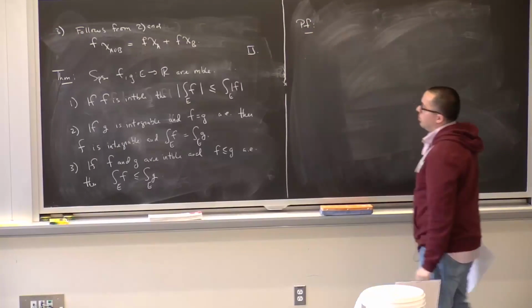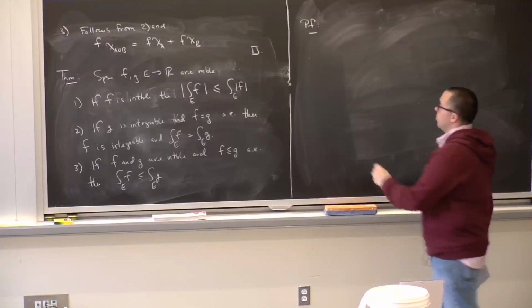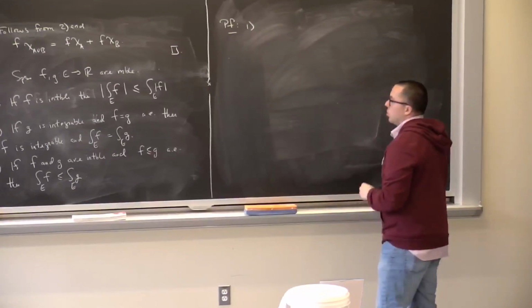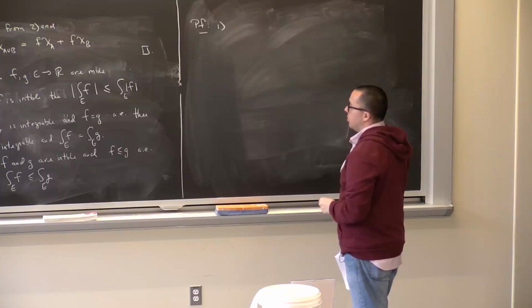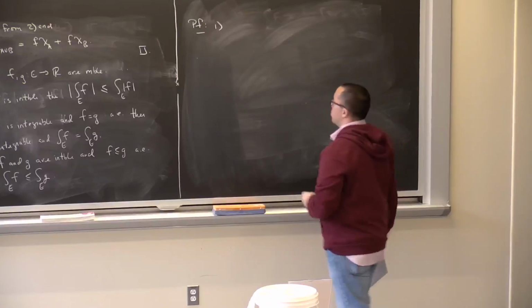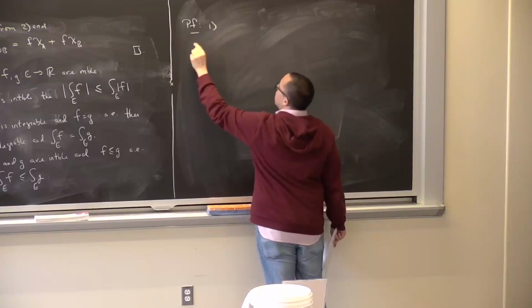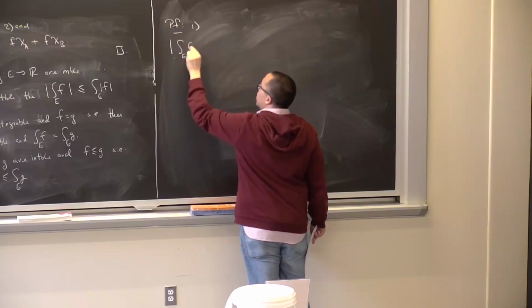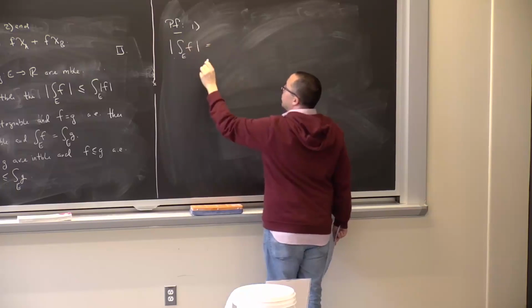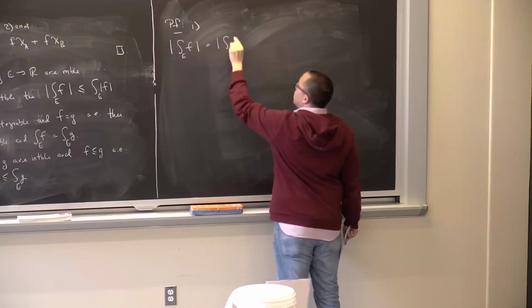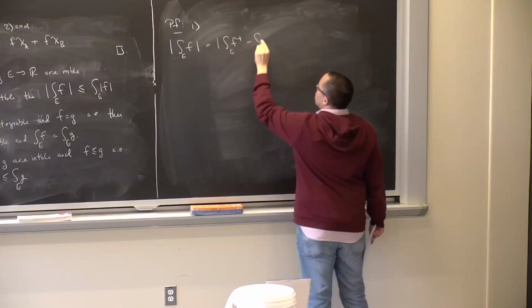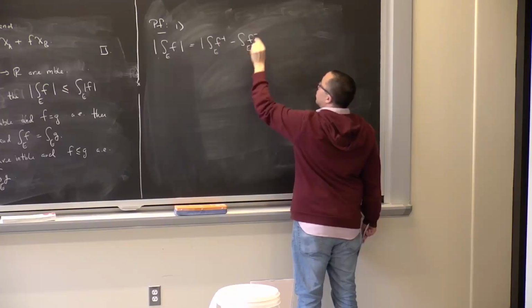So, one follows simply from the definition and the relationship between the absolute value of f and the positive and negative part. So we have the absolute value of the integral of f over E is equal to, by definition, the integral of the positive part of f minus the negative part of f.